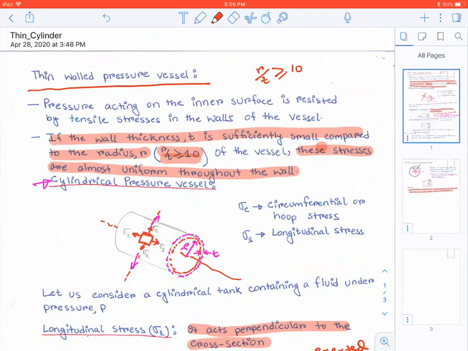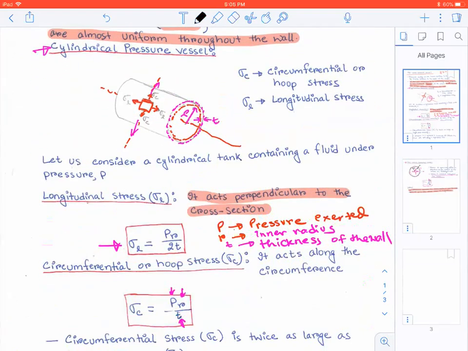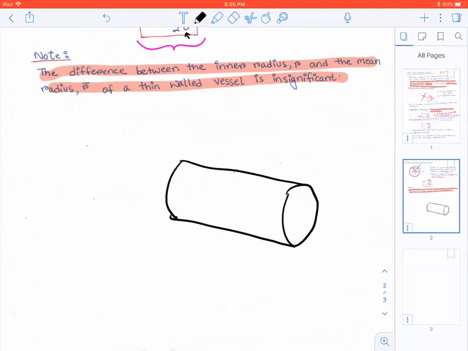So basically, in your lab, you have studied strain gauges, right? They measure the strain in different directions. For the lab that you have, you have this cylinder, and you will see that in different directions you have strain gauges. I think you have strain gauges in 3 different directions.